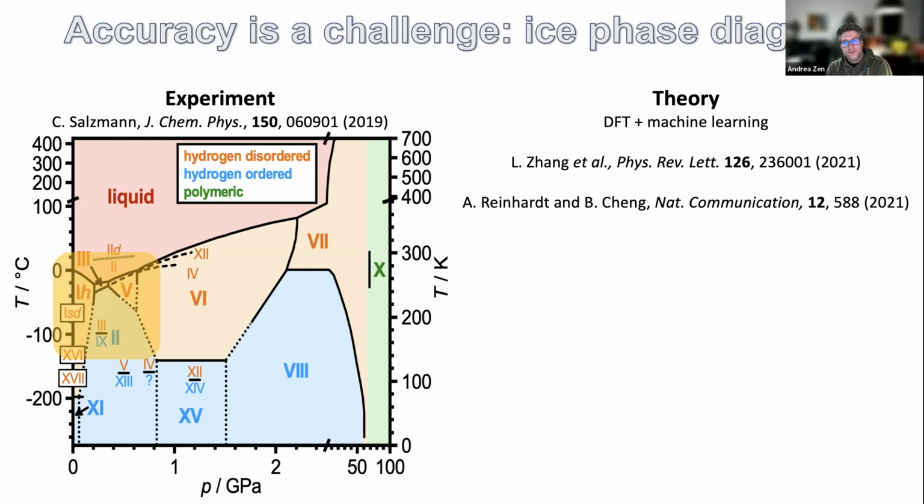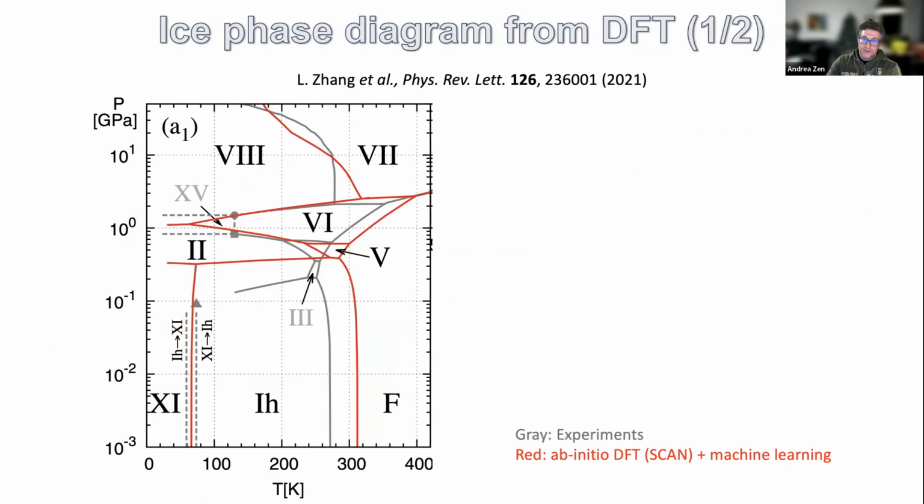So I'm going to first discuss a little bit the previous works. In this PRL of 2021, in gray we see the phase diagram from the experiments, and in red instead we see their prediction using density functional calculations from SCAN and machine learning.